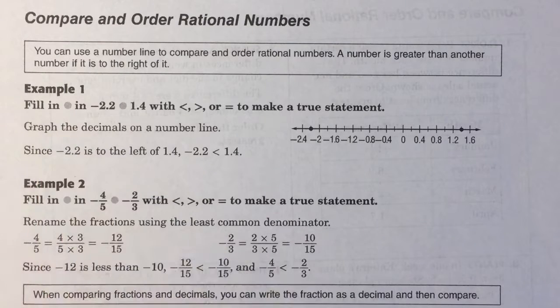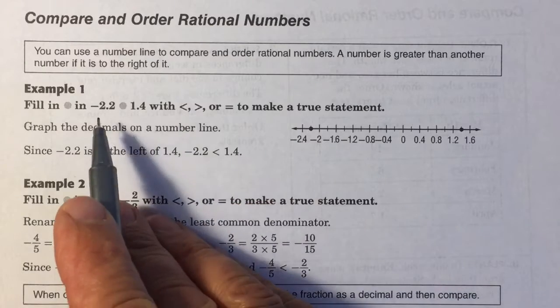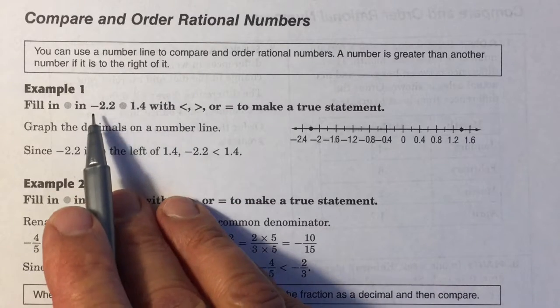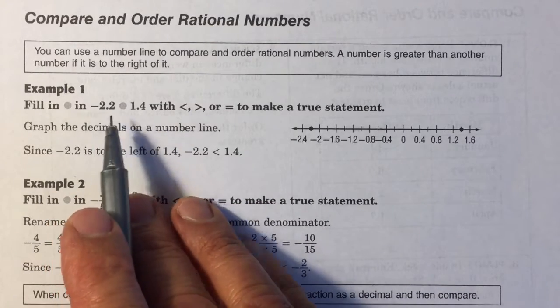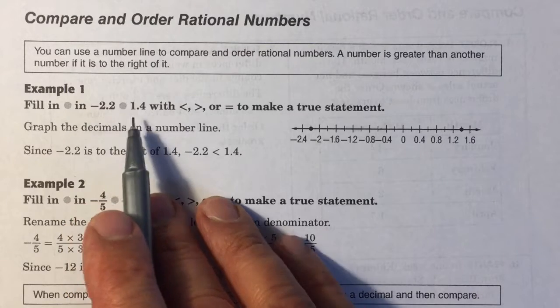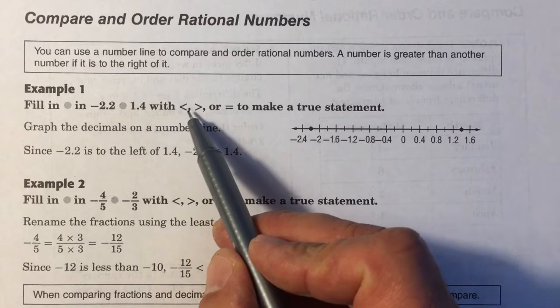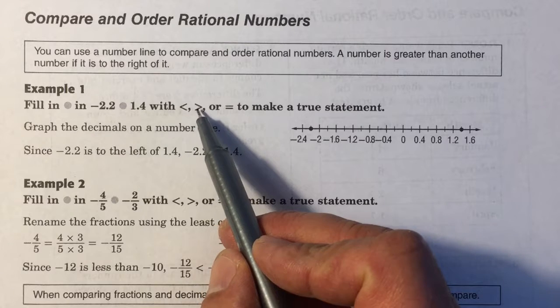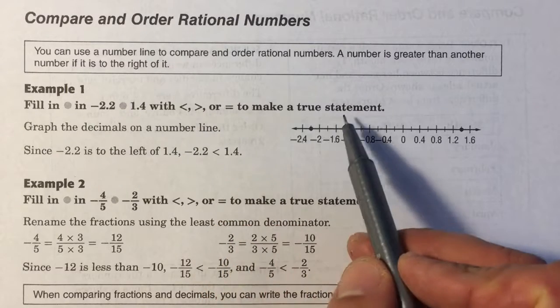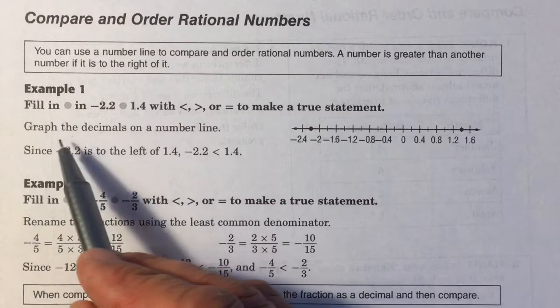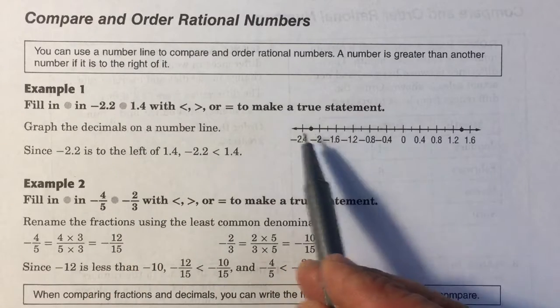Example 1. Fill in the bubble in this equation. Negative 2.2, bubble, 1.4. We're going to fill the bubble with a symbol that means less than, greater than, or equal to, to make a true statement. And then I'm going to graph the decimals on this number line.